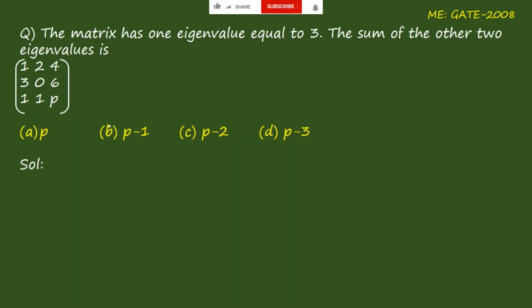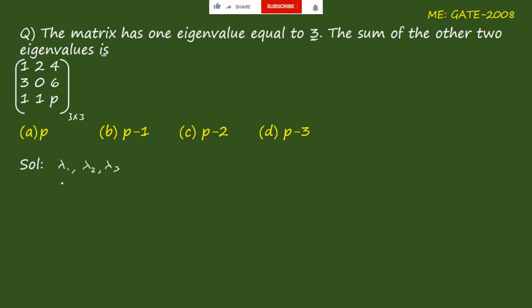Now coming to the next question. The question is, the matrix has one eigenvalue equal to 3. The sum of the other two eigenvalues is, and they are given the 3 cross 3 matrix. Right? In 3 cross 3 matrix, we know that the eigenvalues are nothing but lambda 1, lambda 2, and lambda 3. Right? And they are given one of the eigenvalues as 3.